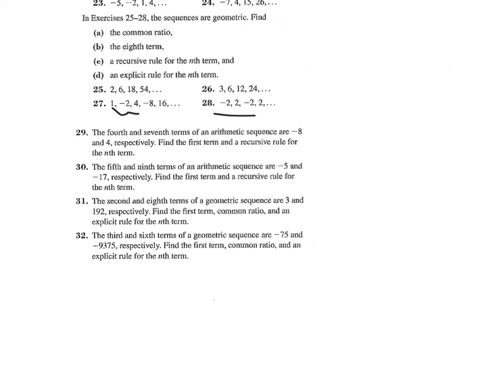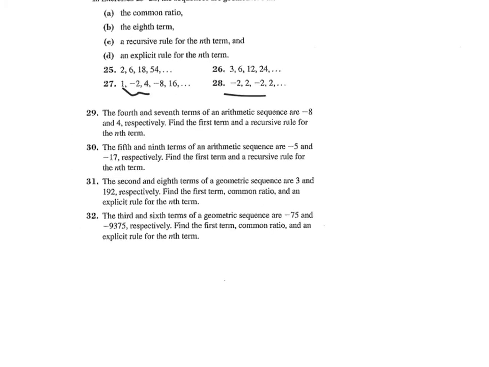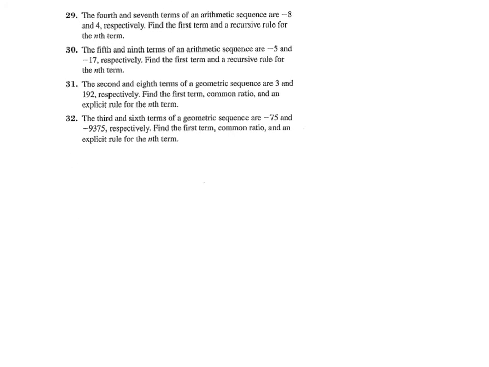Okay, so for this one, we're going to look at number 31, because that's the next geometric one here. They're telling me that a sub 2 equals 3. They're telling me that a sub 8 is 192, and they want me to find the first term, common ratio, and explicit rule. Well, let's see.